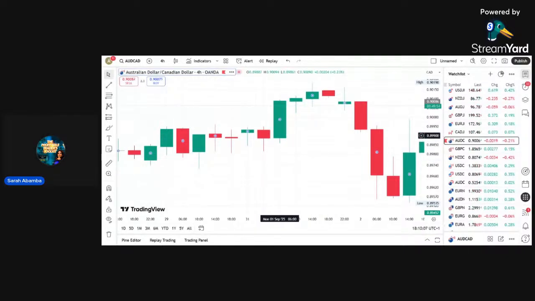Now, some people ask me, I get this question a lot: does it mean that if I enter my trade using the 1-hour time frame, I have to stay in my trade for 1 hour? No. The different time frames are just for analysis purposes. That's the only purpose it serves.